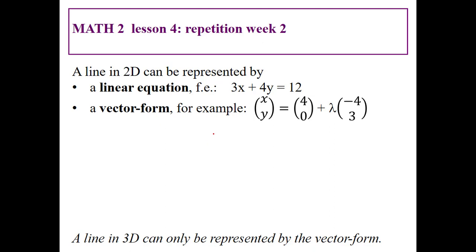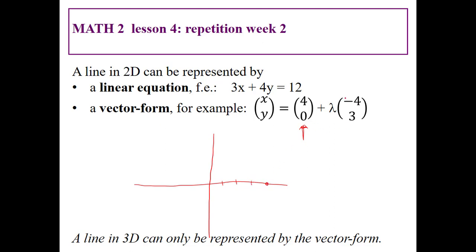So again, let's first make a small drawing of an x and a y-axis. And then again, we have to find 2 points on the line. And of course, with a vector form, one of the points is already given. And that's the starting point, 4, 0. So 4, 0 means we have this point on the line.